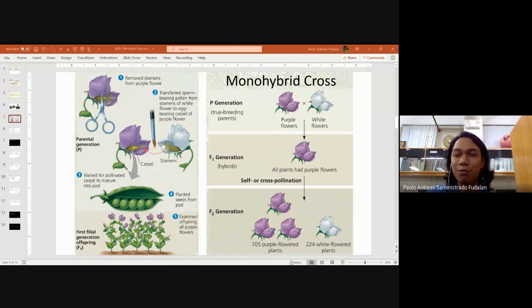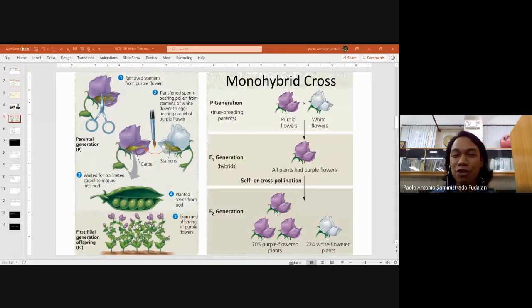And of course, he was surprised that in the F1 generation, all had purple flowers. So what he did was he allowed those F1 generation purple flowered plants to self-fertilize or self-pollinate. He allowed them to fruit, and he got the fruit and planted the seeds to create the F2 generation.